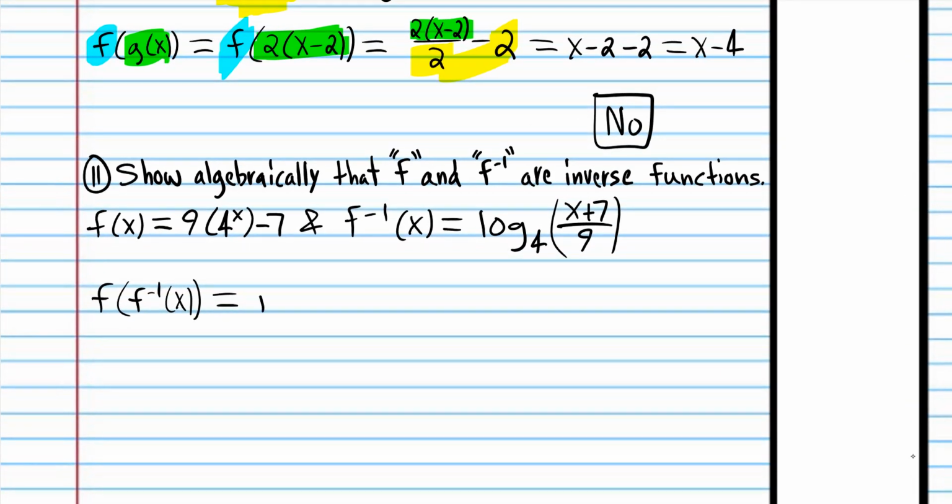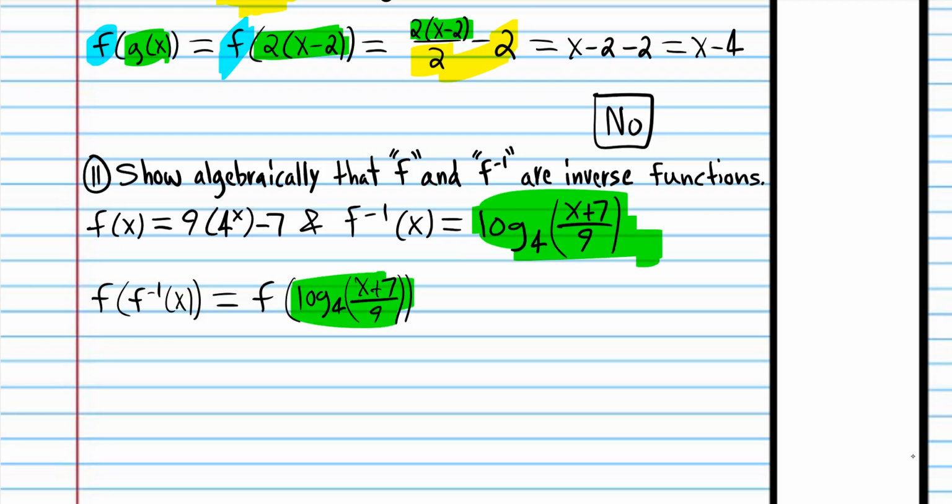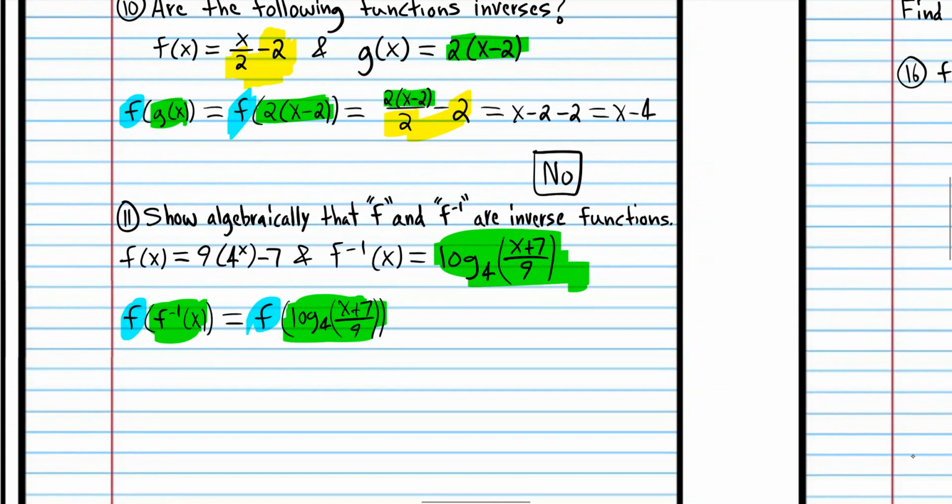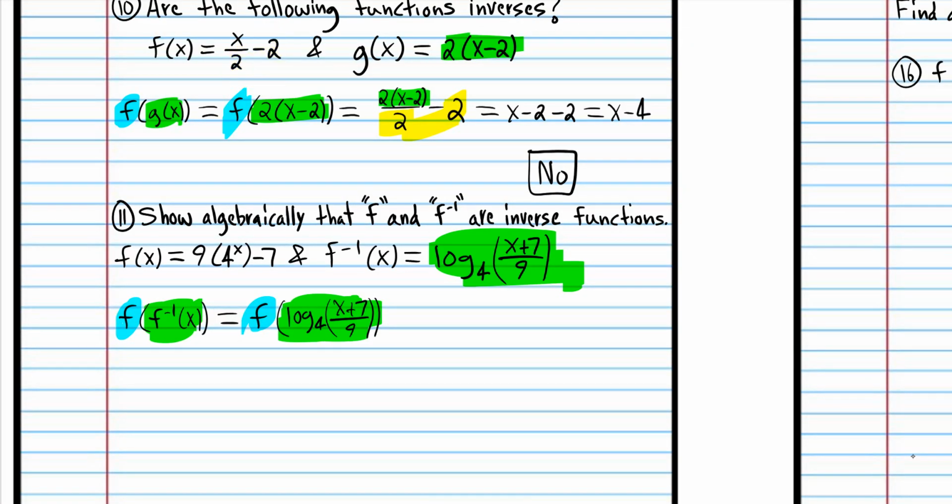So we're going to plug in log base 4 of x plus 7 over 9 into the function f. So I took this green function here and I plugged it in there. That's f inverse. And I plugged it into f. And you know what? I probably should use blue.